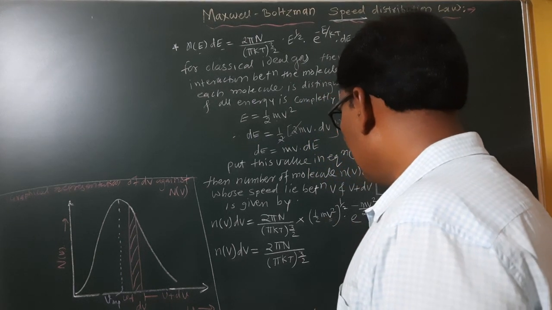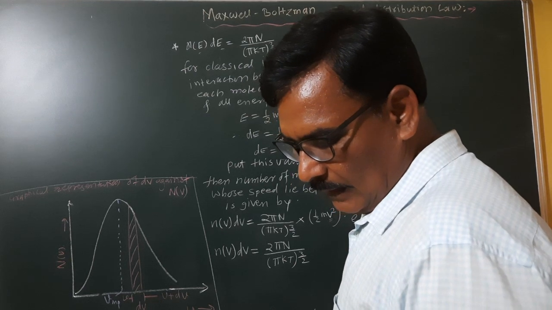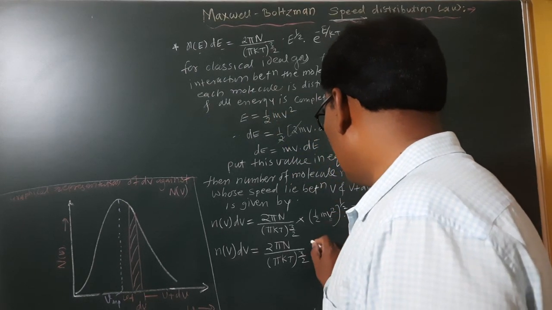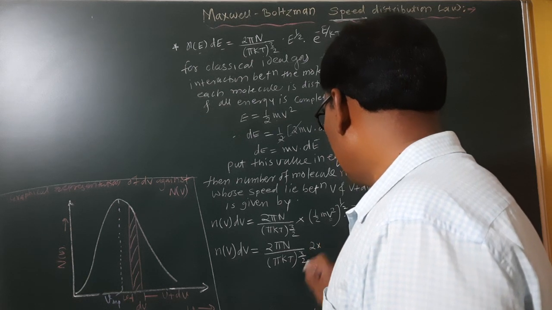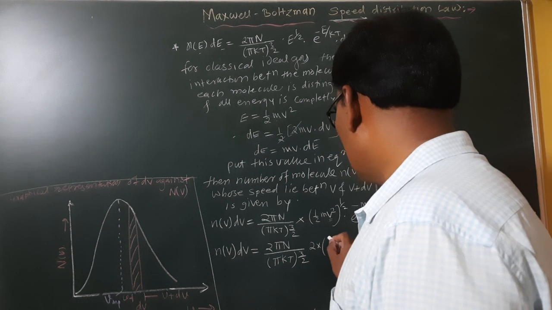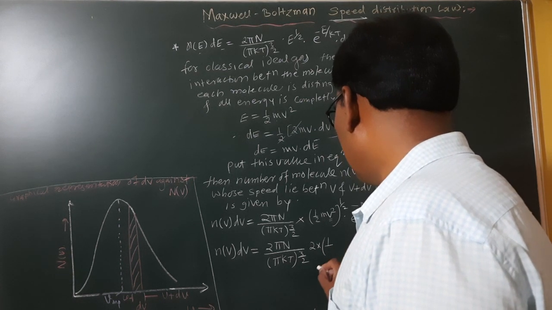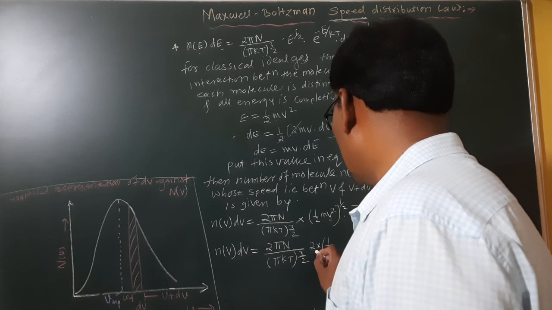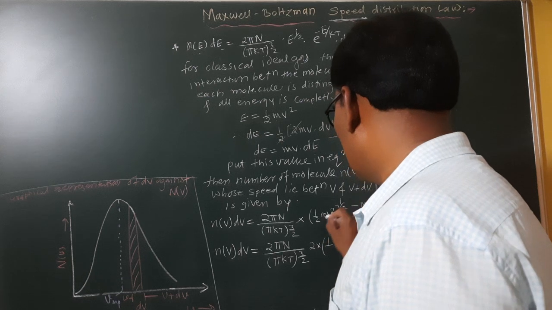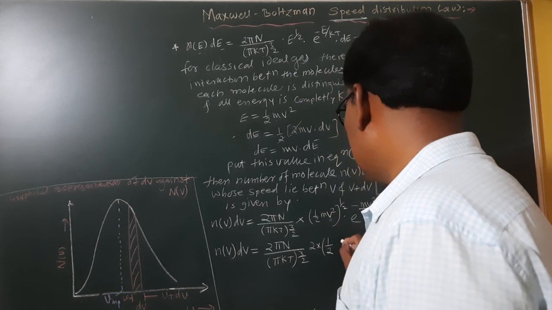Here this m can be multiplied by 2 and divided by 2. Multiplying by 2 and dividing by 2 gives 2 raised to power 1 and 2 raised to power half, that is 1/2 as it is.